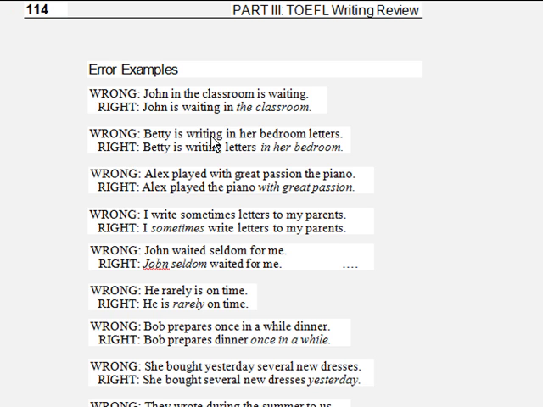Okay, the adverb should be right after that, isn't that true? But the object is not there, which is letters. Betty is writing letters. And then the adverbial phrase, in her bedroom.